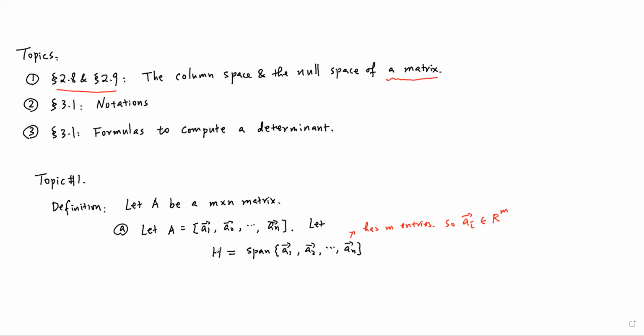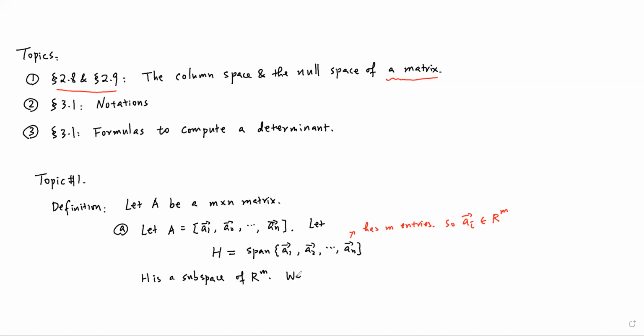We call this subspace of R^m the column space of matrix A. H is a subspace of R^m.